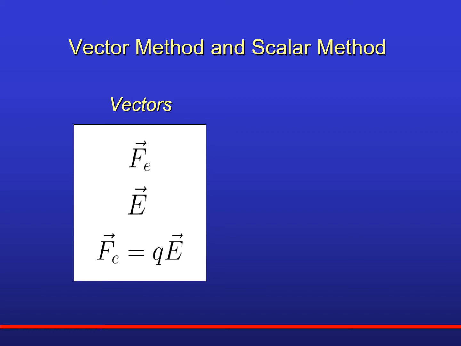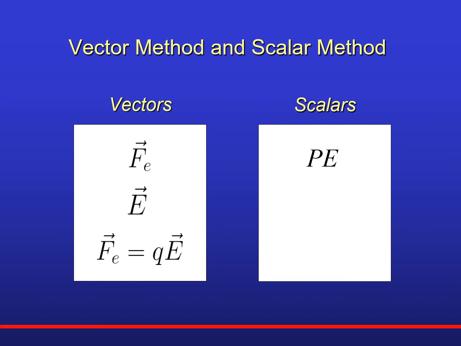So maybe you've enjoyed seeing those videos and seeing how to solve problems with vectors and the magnitude and the components and the angle and so forth. But maybe you're also thinking, is there a simpler way to do it, just using numbers? Well, here's the scalar method.